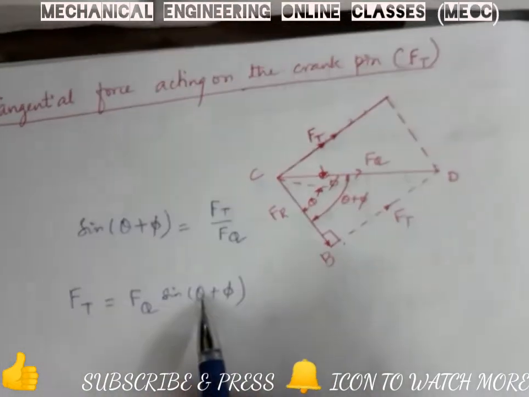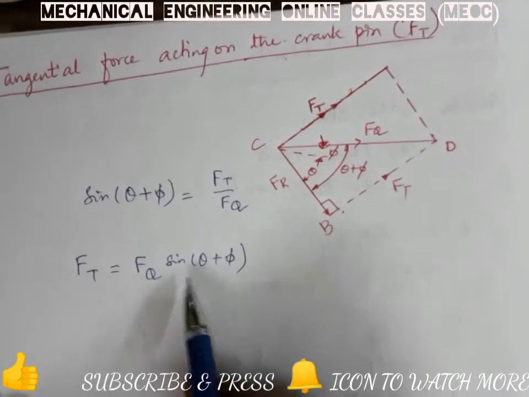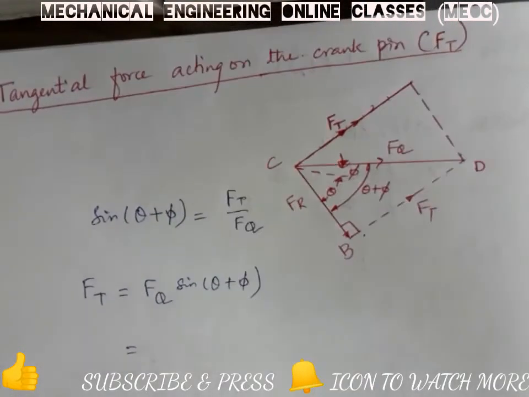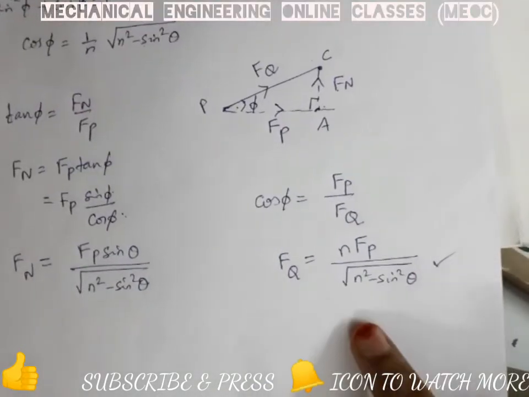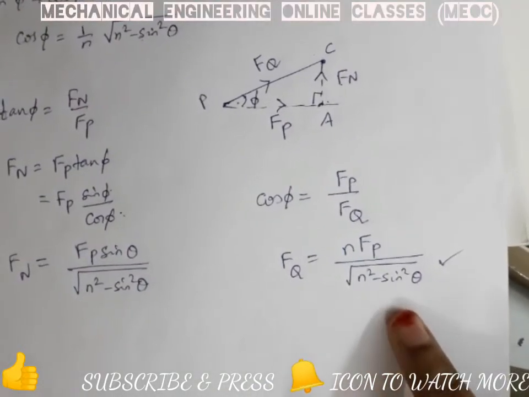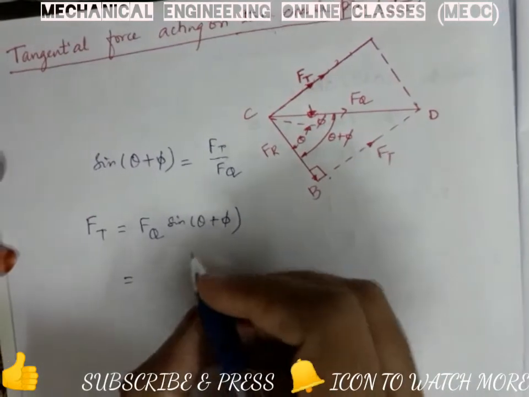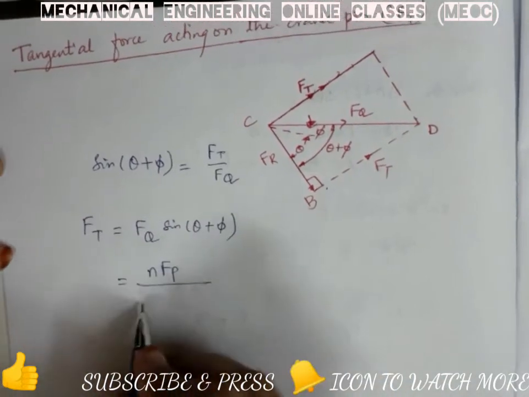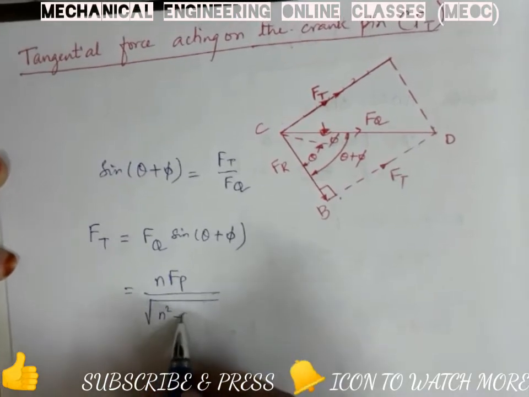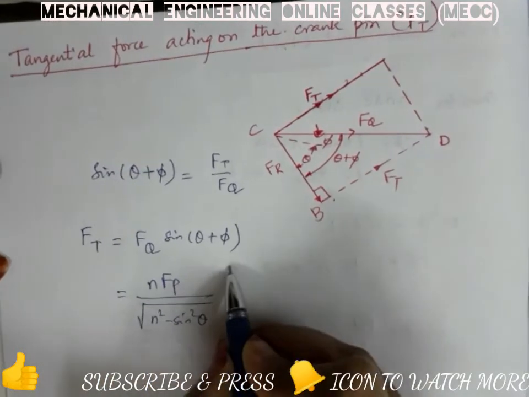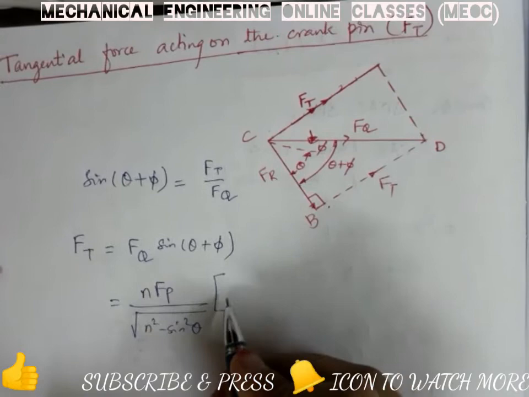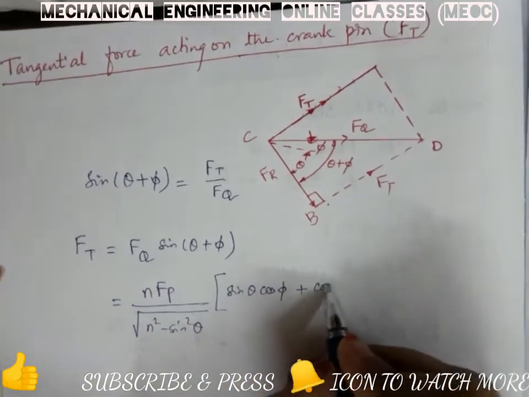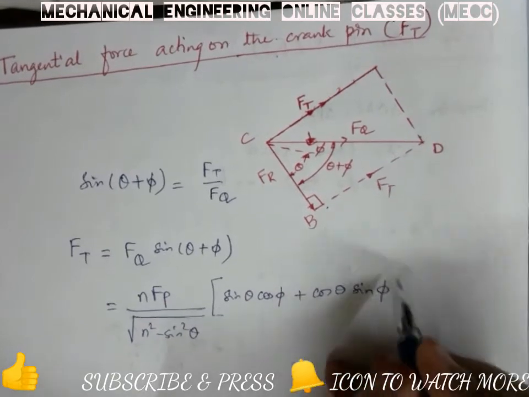We know sine a plus b as sine a cos b plus cos a sine b, and Fq from the previous case is n Fp by root over n square minus sine square theta. So we can write Fq as n Fp by root over n square minus sine square theta into sine theta cos phi plus cos theta sine phi.